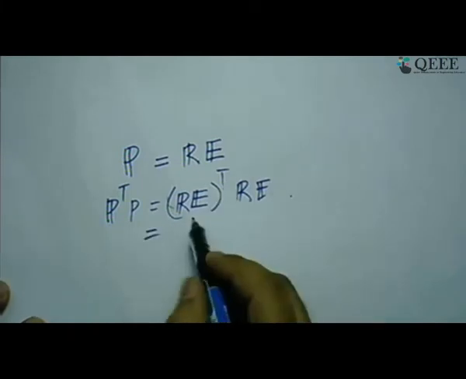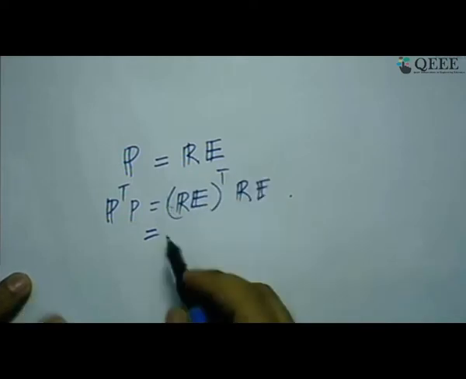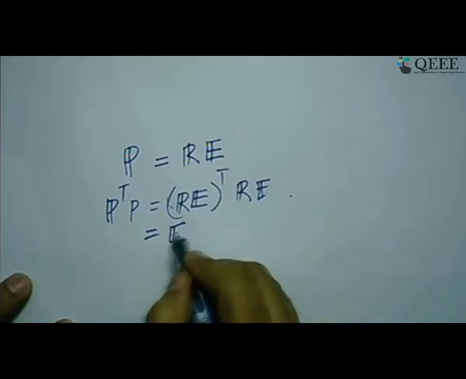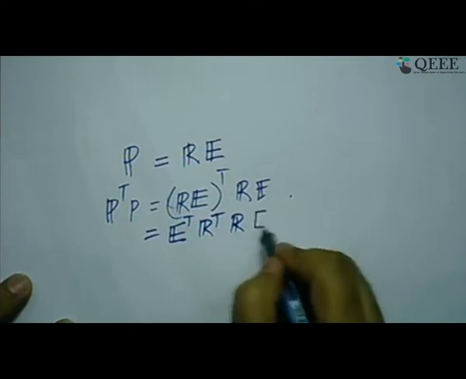You have to remember that when you do the transpose operation, (RE) transpose becomes E transpose R transpose, so we get E transpose R transpose R E.